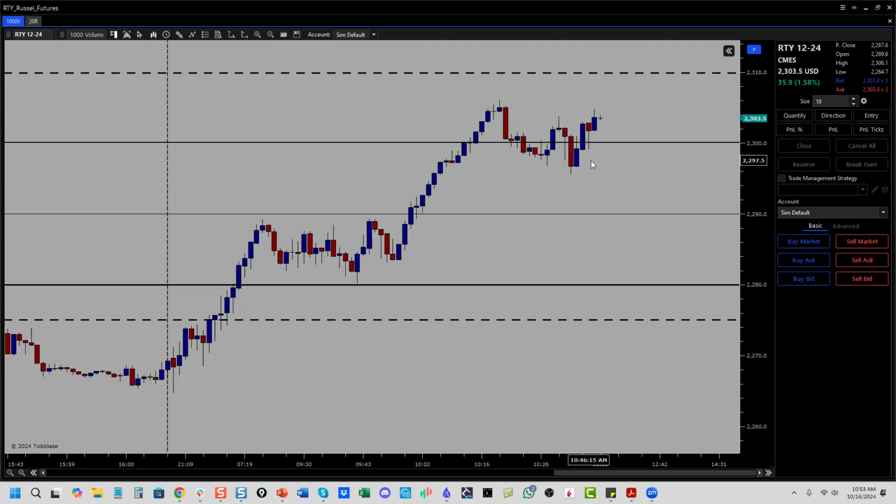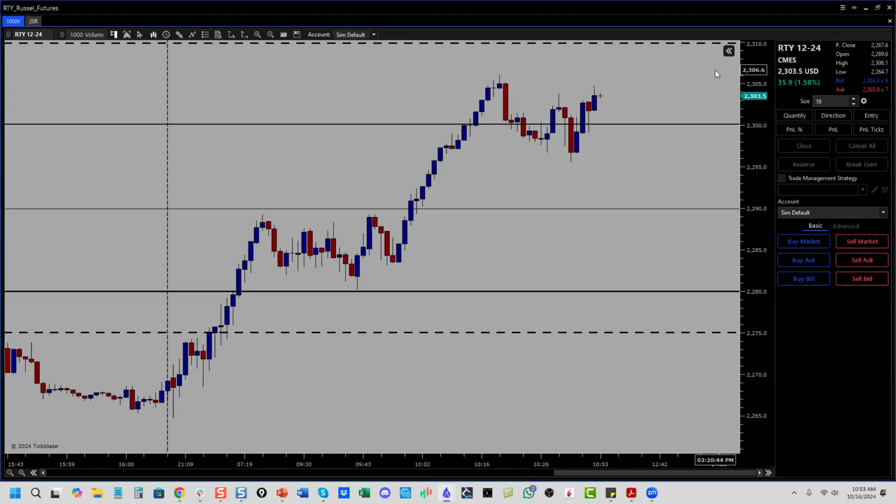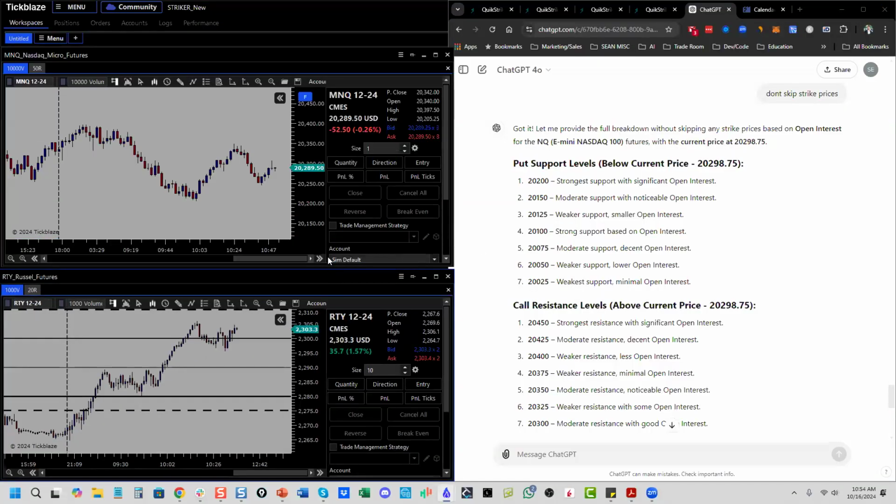Some of those decisions cause me to miss some trades and make different decisions, but what matters most to me is that I always have my levels on the chart. And every single day I see the market react to them, which builds so much more confidence, just proof in the pudding.